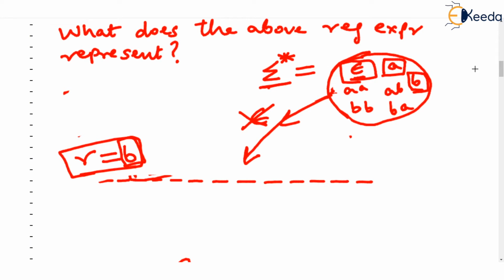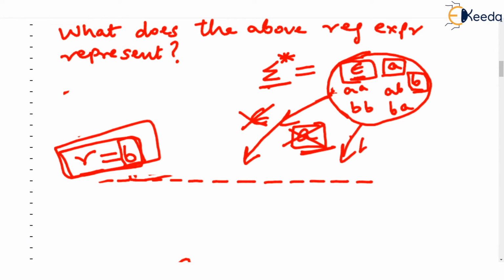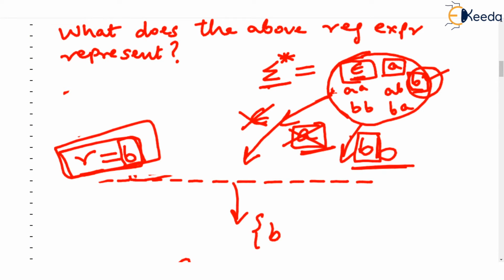What if you feed A? But A doesn't match this regular expression at all. So A won't pass through. What about B? Yes. Only this string B will pass through the test and we will get the output set as B. I hope you agree that BB will not pass the test. Check this string BB.